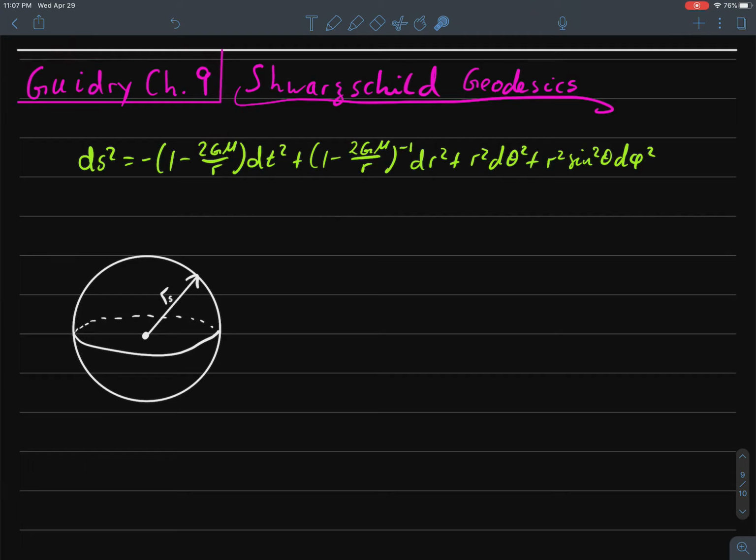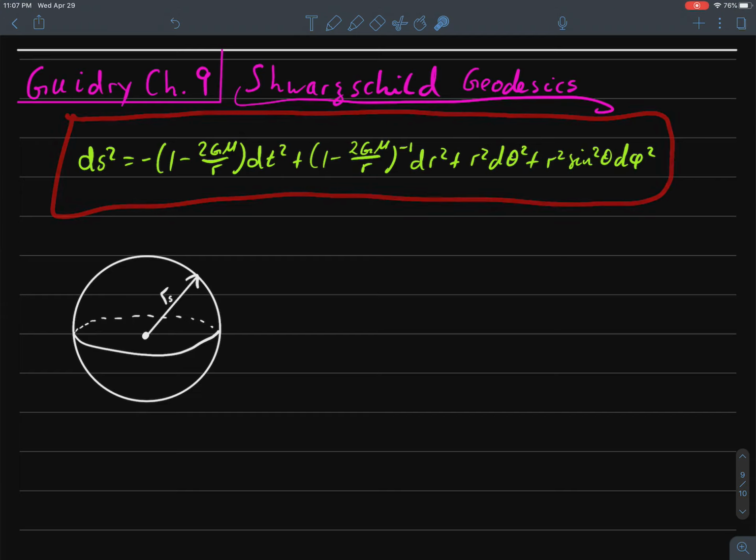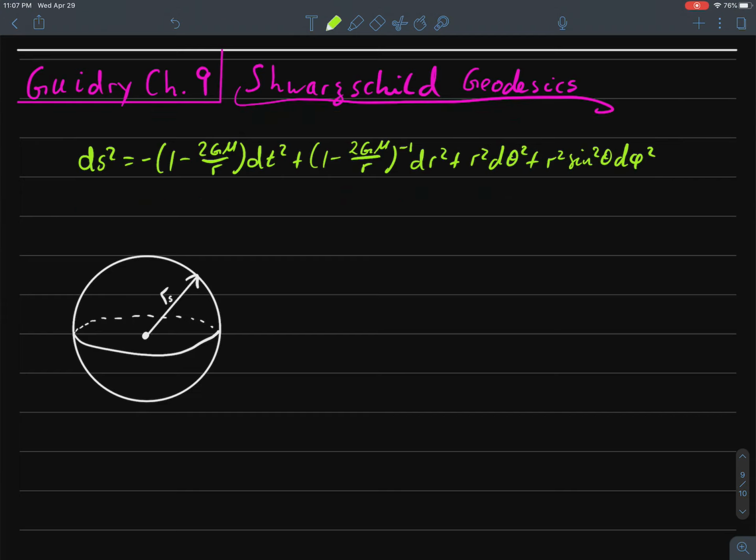So we're going to recap just a little bit. Remember, we had the Schwarzschild solution, and the Schwarzschild solution was a solution to the Einstein field equation, where we had written it in non-canonical form like this.